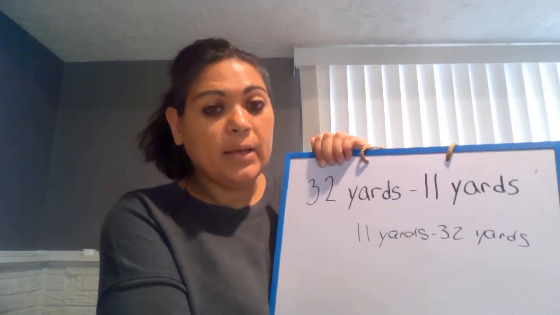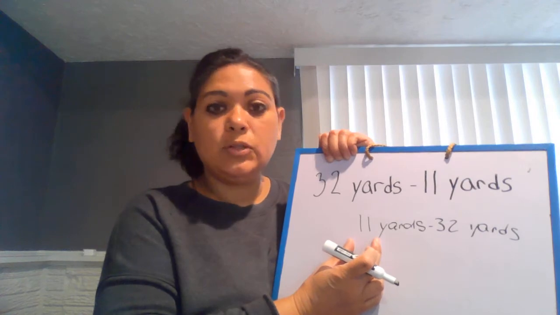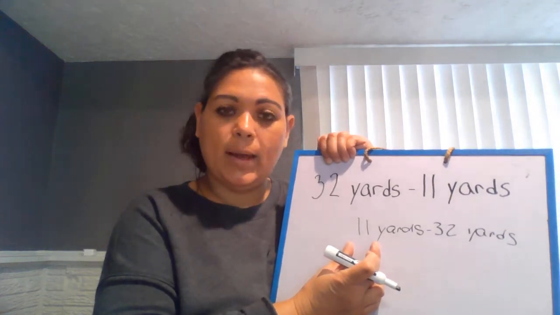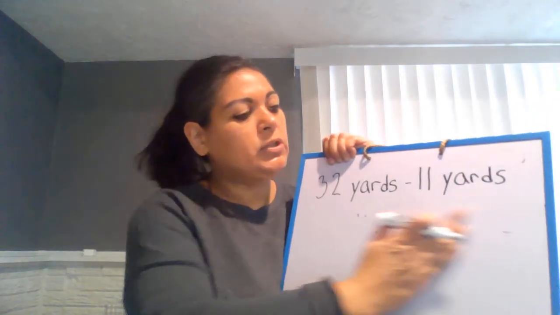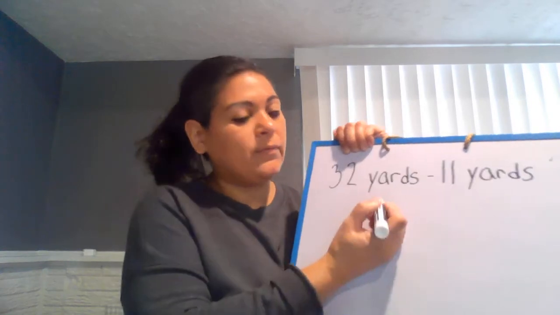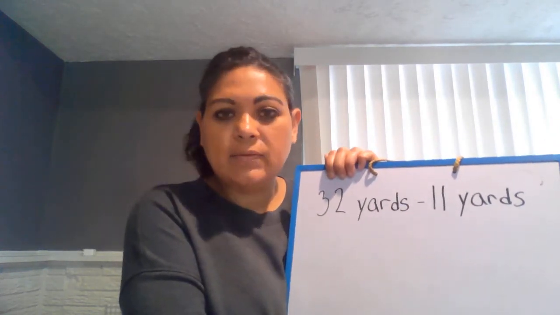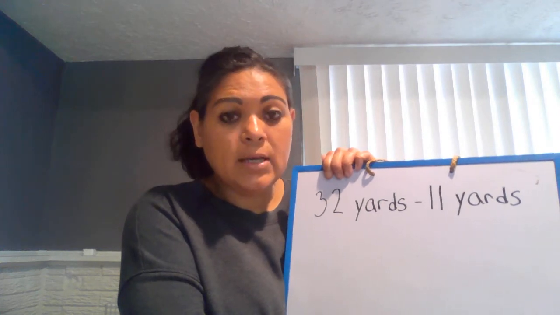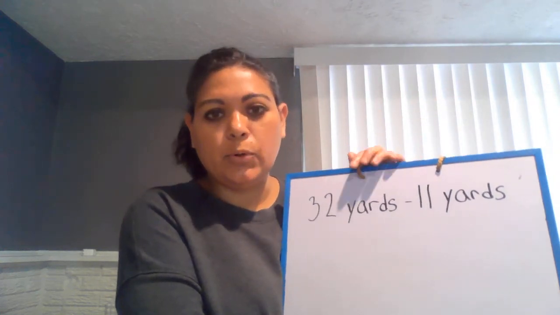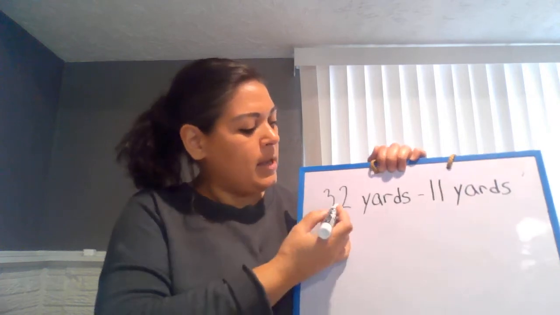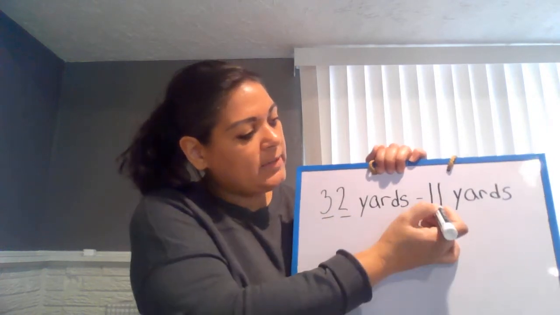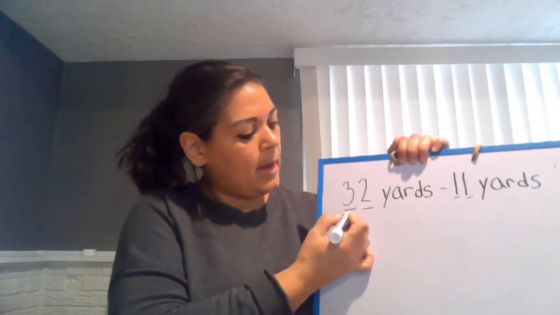No, I can't. Because if I have 11, do I have enough to take 32 away? No, I do not. So when you subtract to get the difference of something, you are comparing two amounts. So you will always have to start with a larger amount so you can take that next group away from that.